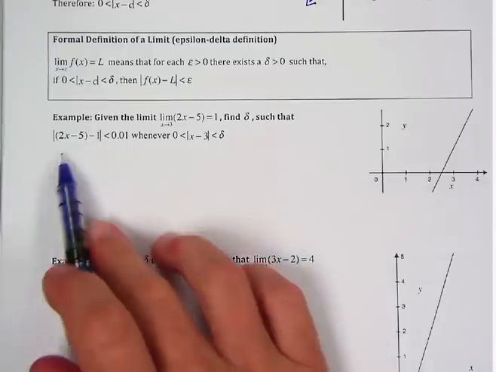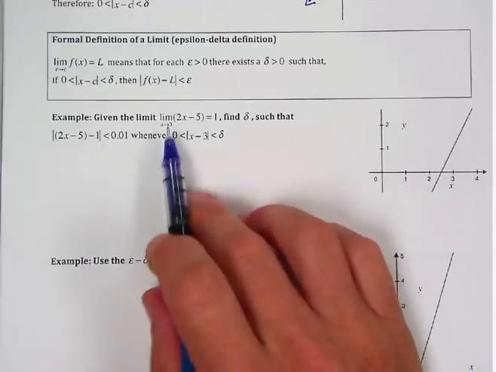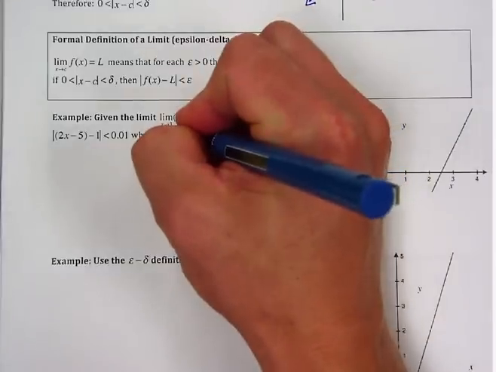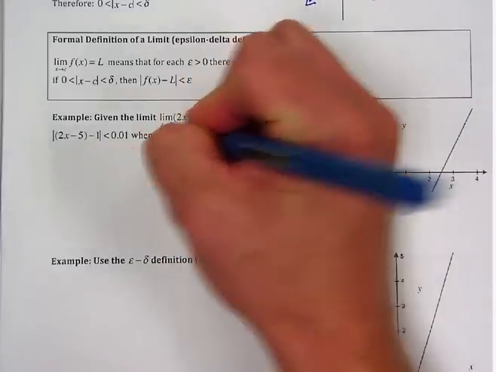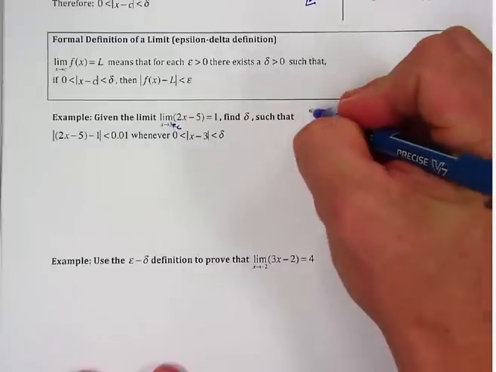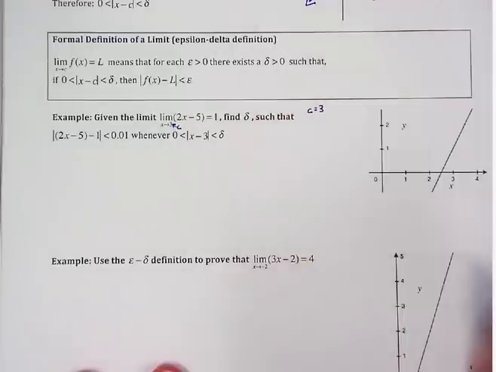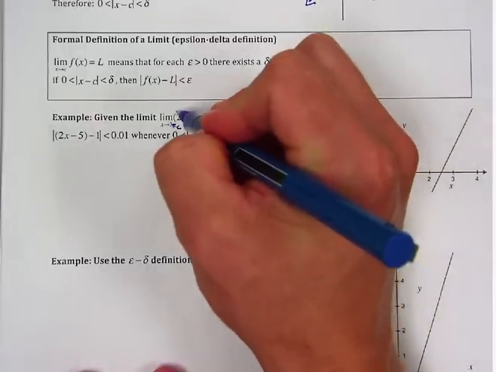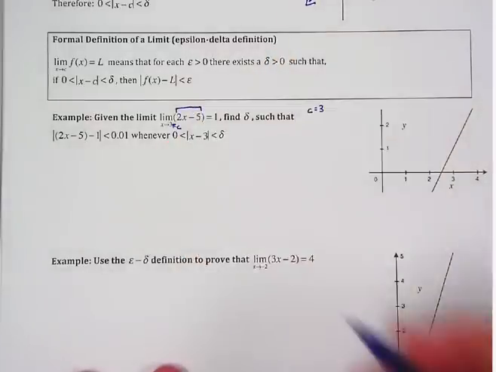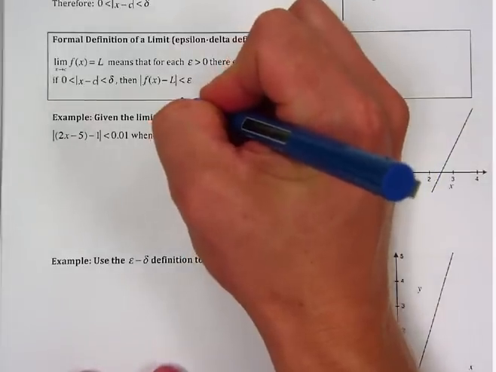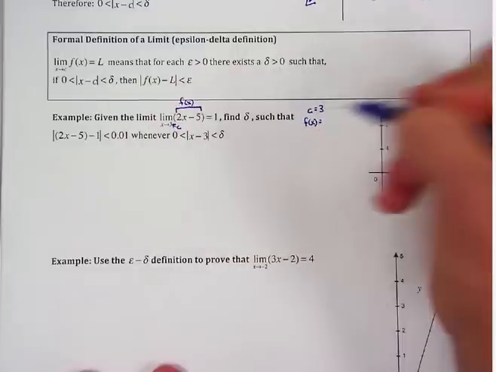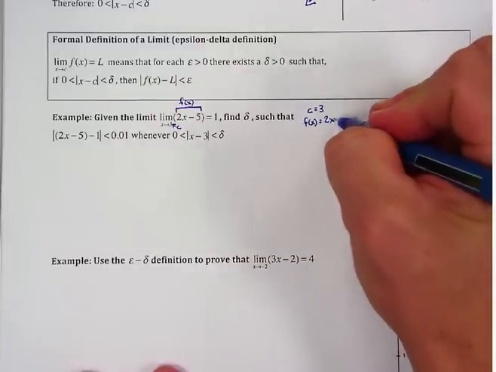So as I look at all of this, I'm seeing the limit as x approaches 3. Well, what is 3? That is our c value. So we know that c equals 3. If we look right in here, this is our f of x. So we also know f of x equals 2x minus 5.